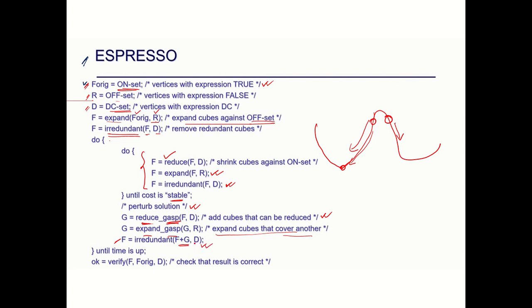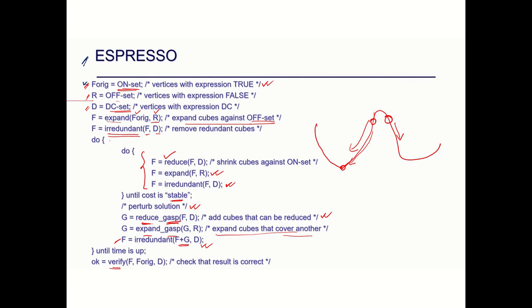We'll do this perturbation until we are satisfied with the solution, or it times out, or the cost function is not improved further. Finally we verify whether the function we received is correct or not, that is, the verification of the input against the final output.